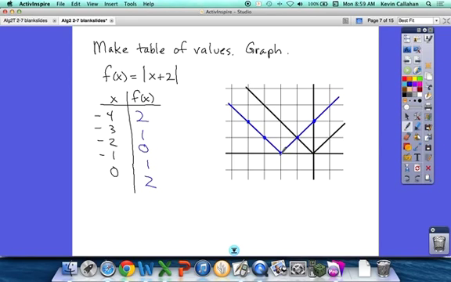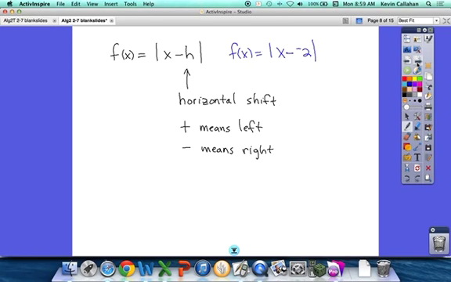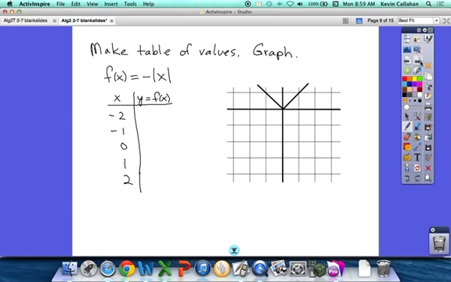Well, what's the coordinate of that point right there? Negative 2, 0, right? That's why the h is actually negative 2. But when we saw the plus inside, that meant go to the left. It's consistent with that being the h. Right, so up, down, left, right.